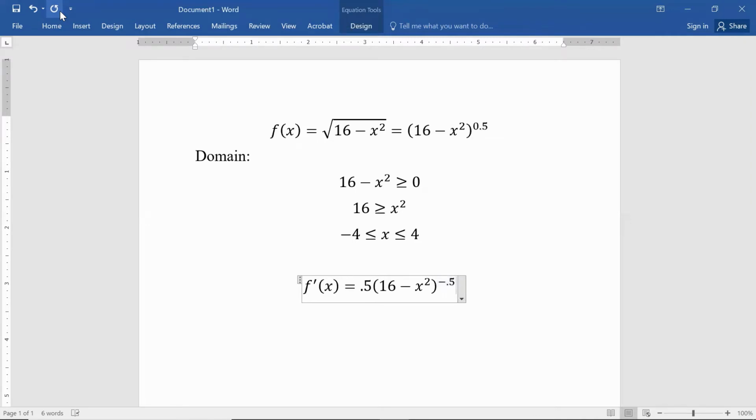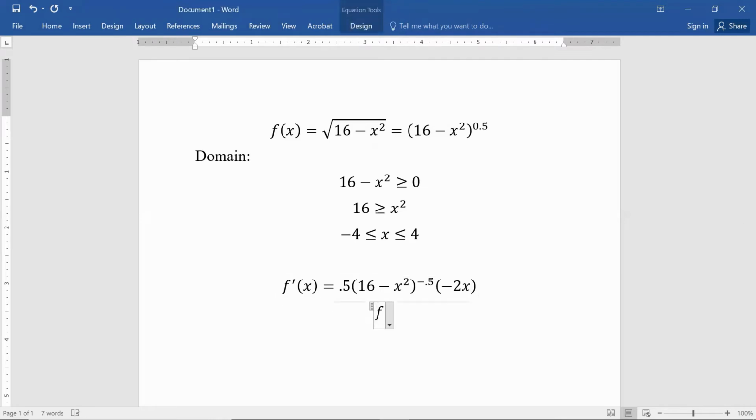And then I would have to multiply times the derivative of the inside function. In this case, derivative of 16 minus x squared. Derivative of 16 minus x squared is -2x. And I can clean that up a little bit.